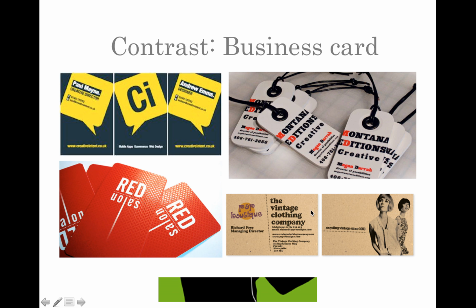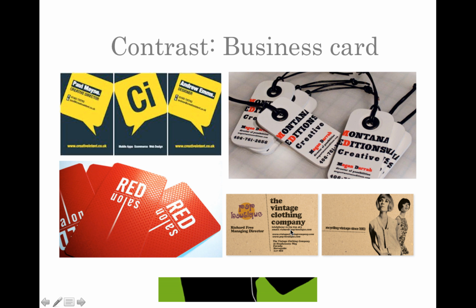Then we move on to this nice, lovely card here. This is printed on a recycled paper, and it works really well. So remember the visual communication. The papers we choose will reflect what kind of business that we're in. This red salon looks very high class and expensive, and the card looks that way too based on how it's printed and the colors that are used.